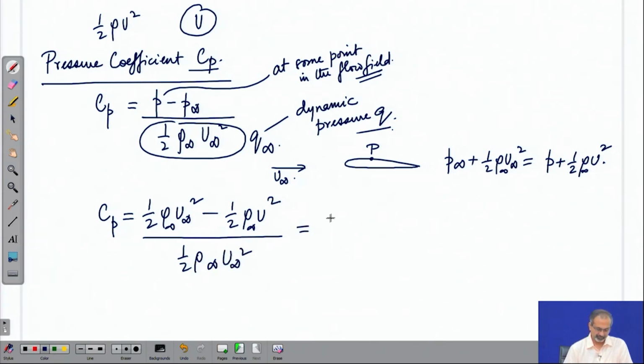And then you will find that it reduces to this.